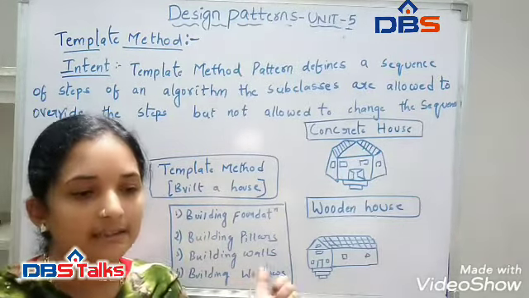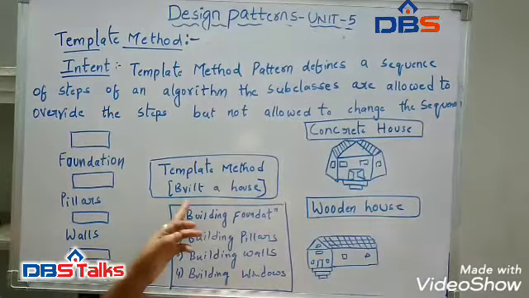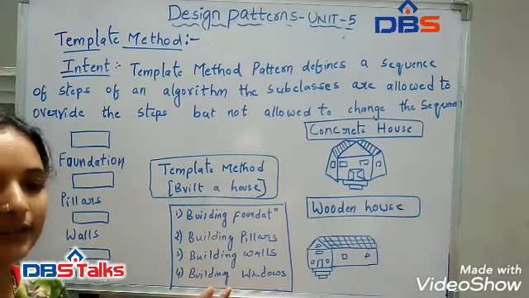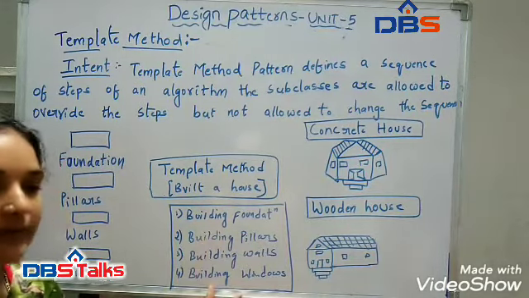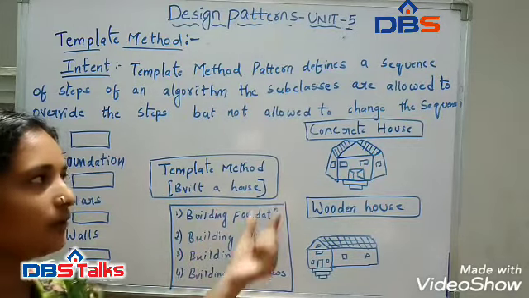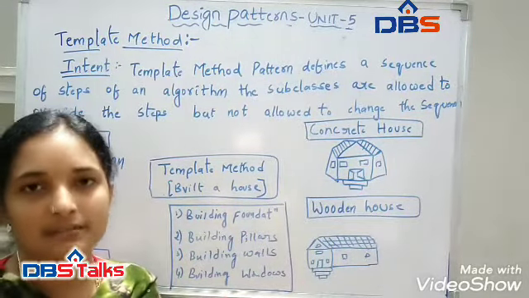Here I can define a template method, build a house. This is the template method, or we can say abstract method. By following this sequence of procedures, we construct a concrete house and a wooden house. So this is the actual meaning of the template method.